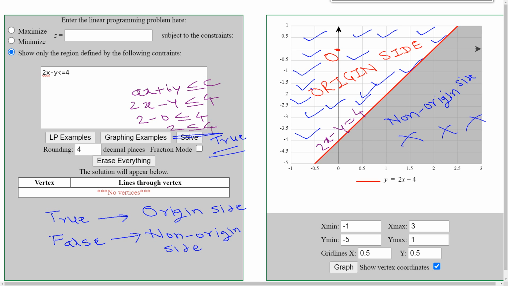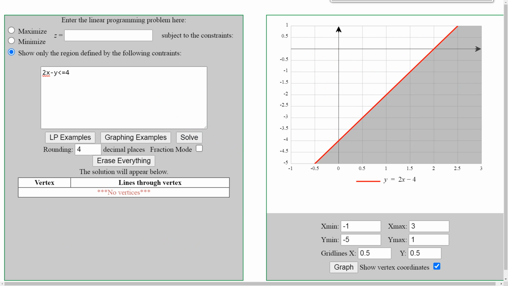Origin side is the answer. So let me erase everything and see that the answer which we obtained for the inequality is origin side.